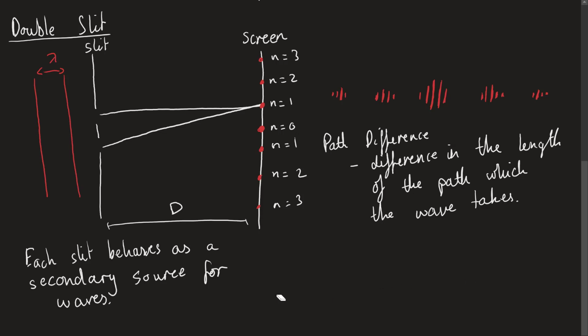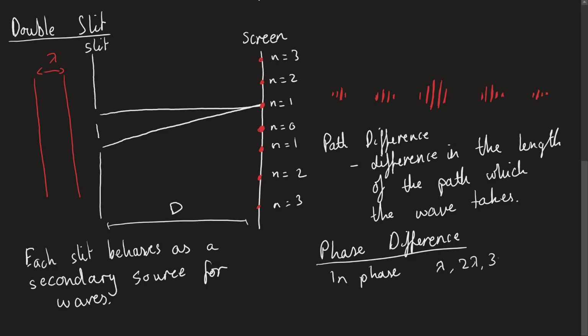So we can use this idea of path difference to now have another definition for what phase difference is. Where before we said that for things to be in phase the phase difference had to be 0, 2 pi, 4 pi, we can now say that for it to be in phase the path difference has to be 0, or 1 wavelength, 2 wavelengths, 3 wavelengths, 4 wavelengths, or in general n lambda.